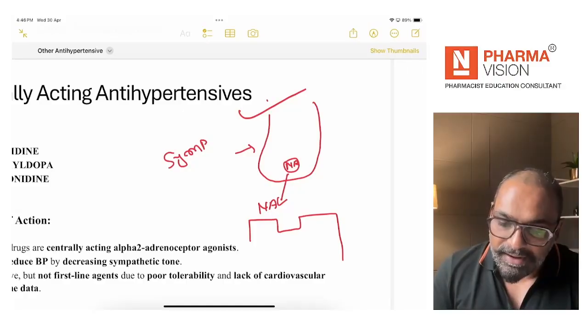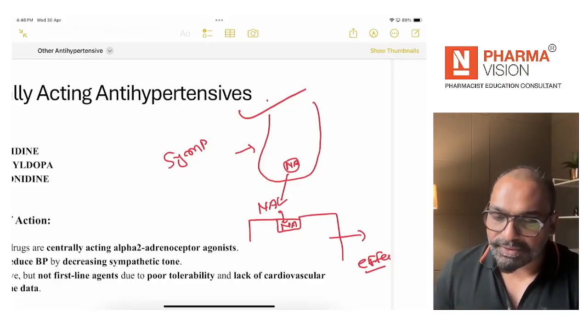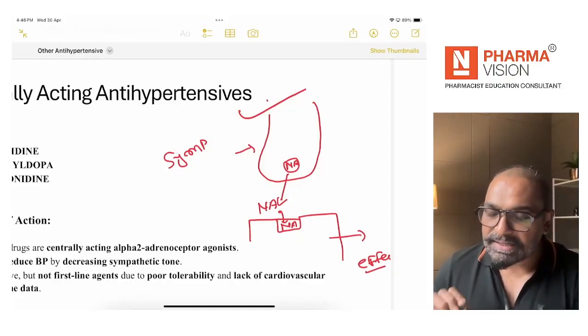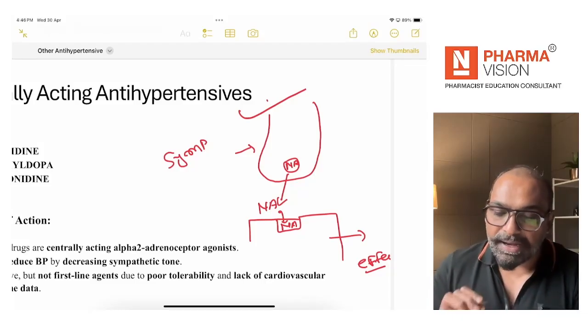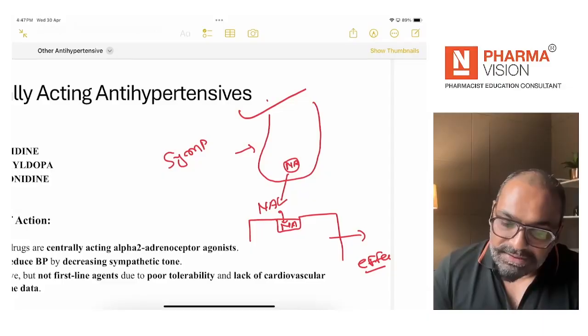This noradrenaline binds to this receptor and produces the effect, and we know what the effects of sympathetic stimulation are. But how is this control happening, because this noradrenaline is normally acting here.